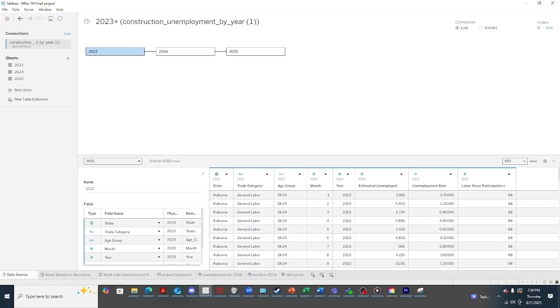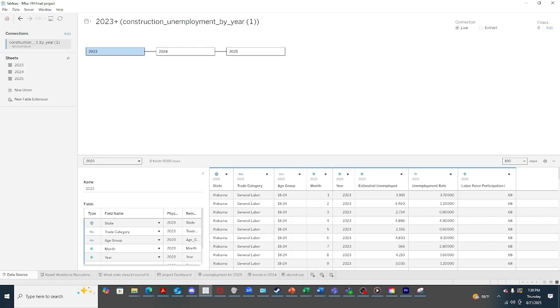The other thing I used was the U.S. Census Bureau. I integrated it into the data set to normalize labor force and unemployment numbers against each state's population.